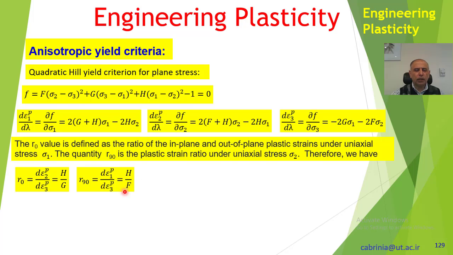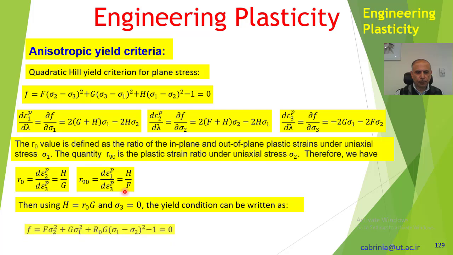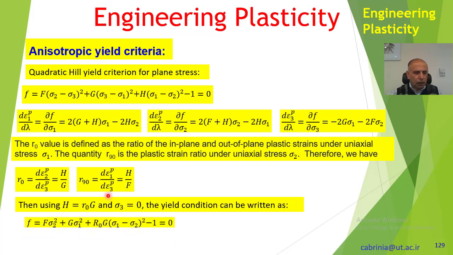So we get h over f. Then from here we can use h equals R0 g, and we knew that sigma 3 is 0 because it's plane stress. The yield condition can then be written as this yield condition with sigma 3 equal to 0.